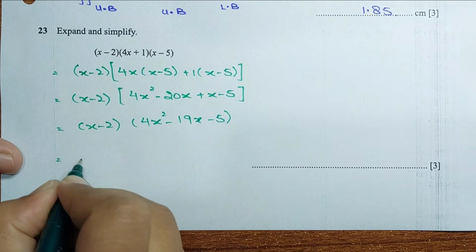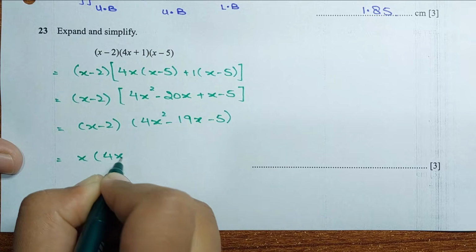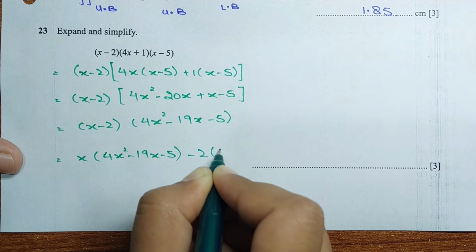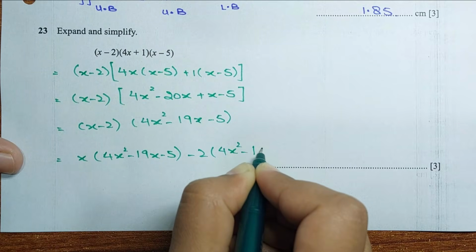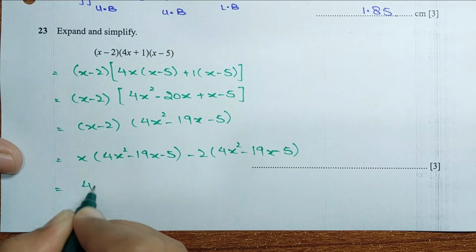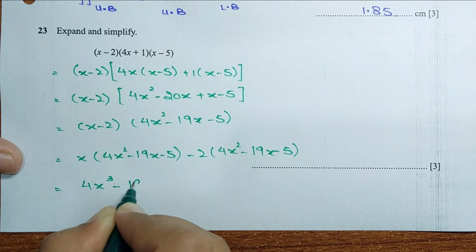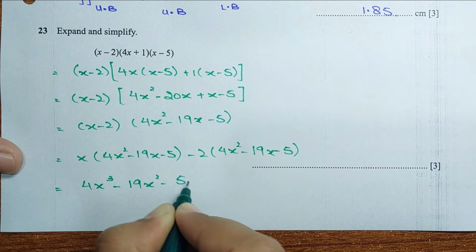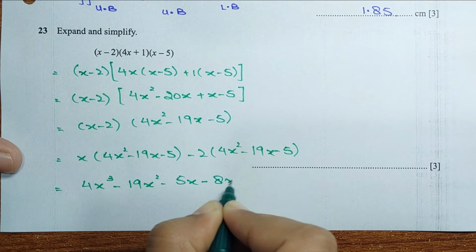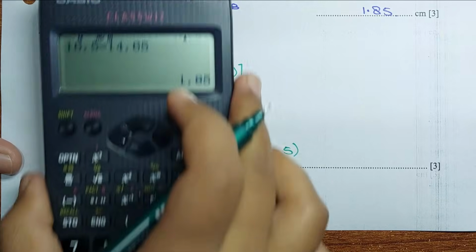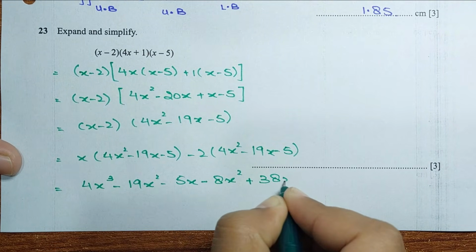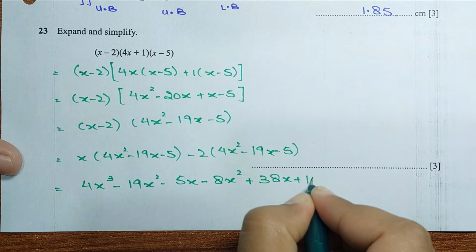Now again expand with x: x with 4x square minus 19x minus 5, and negative 2 with 4x square minus 19x minus 5. This should be 4x cube minus 19x square minus 5x, minus 2 times 4x square is minus 8x square, negative times negative is positive, 2 times 19 is 38x, and positive 2 times 5 is 10.